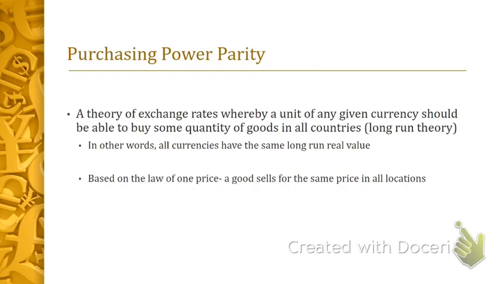So that's why they call it purchasing power parity. There will be parity in the real exchange eventually, in the long term, if you can make money off of exchange rates. That's the idea behind it. Based on the law of one price, a good sells for the same price in all locations. That's the purchasing power parity idea.